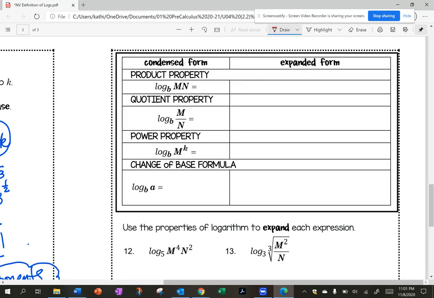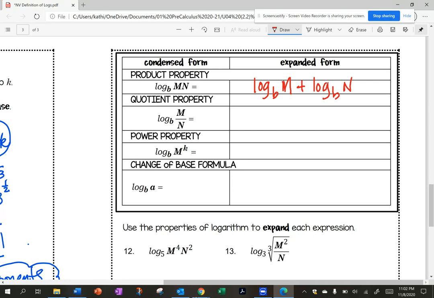Right, we have two different forms, a condensed form and an expanded form. So we have four properties. The product property: when I'm multiplying m times n, this is going to be the log base b of m plus log base b of n.